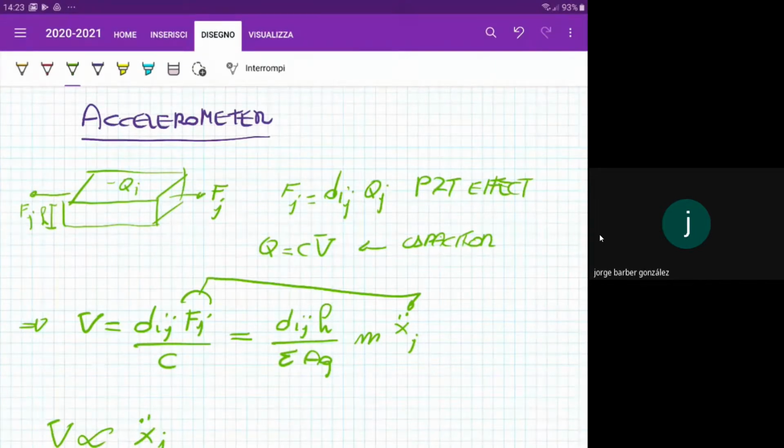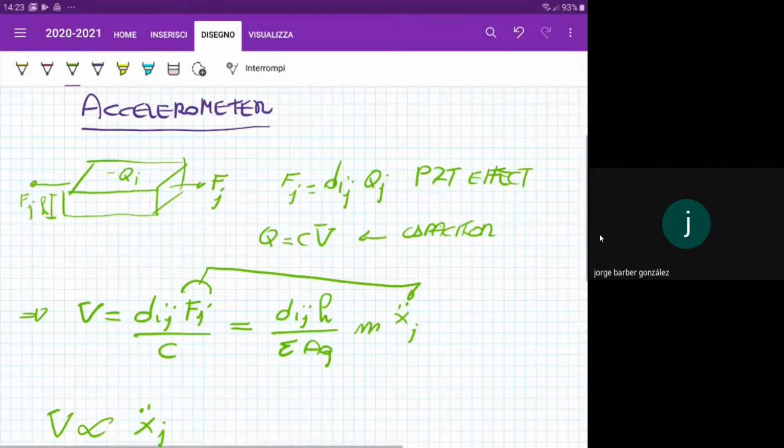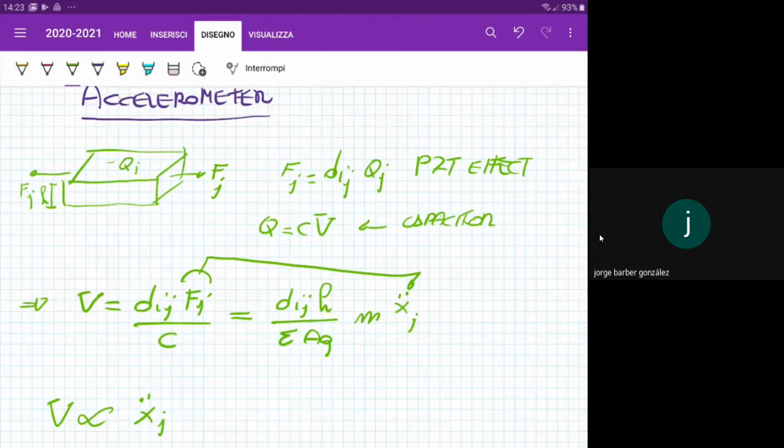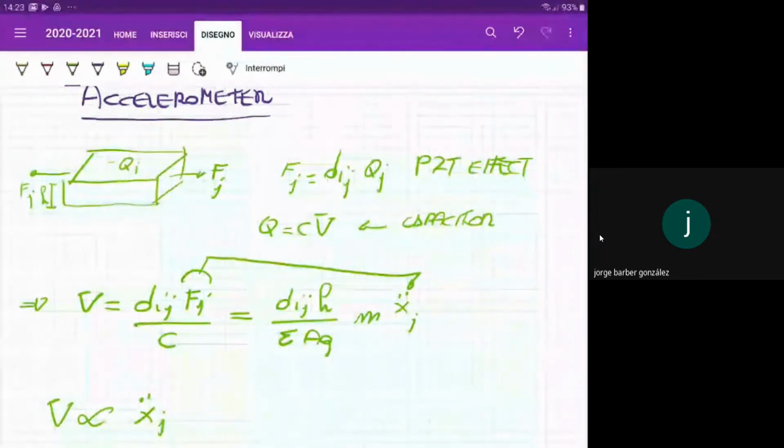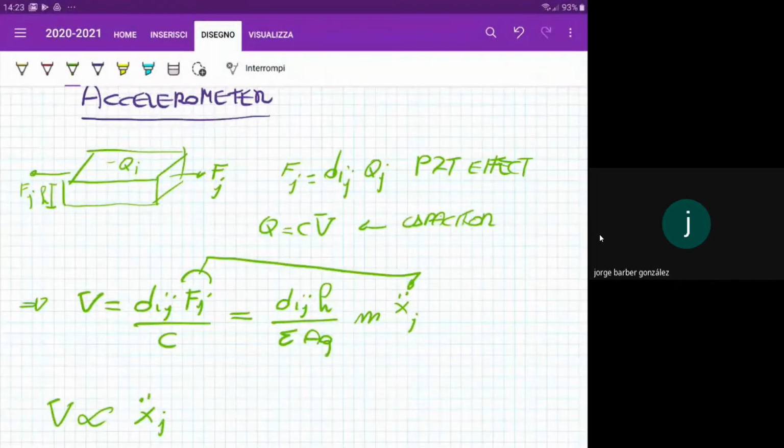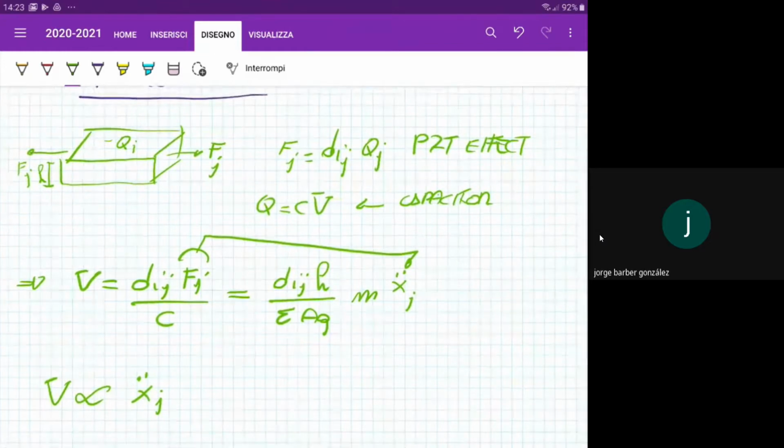Last Friday, we considered these two equations together, and we found out that if the external force is because of the acceleration that your PZT crystal is having, then it is possible to relate the output tension, that is a differential potential that the charges are having when the PZT effect is putting them on a given plane, and the acceleration, that is x double dot j.